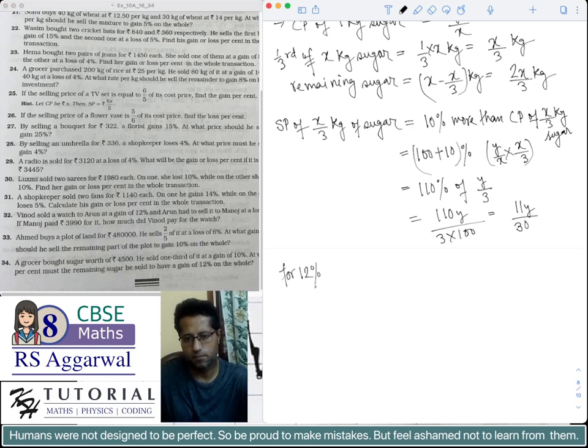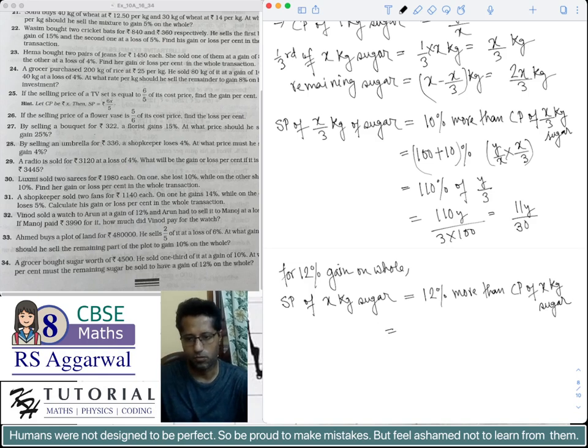For 12% gain on the whole, the selling price of the entire sugar, that is X kg of sugar, should be equal to 12% more than the cost price of X kg of sugar.